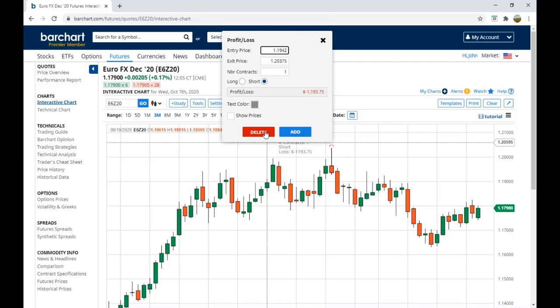So maybe I want to come in here and change my value to 120. Let's see what that is. Right now, I've lowered my risk to $468. So use this profit loss tool to help you find a dollar value that you want to use to help you find risk.